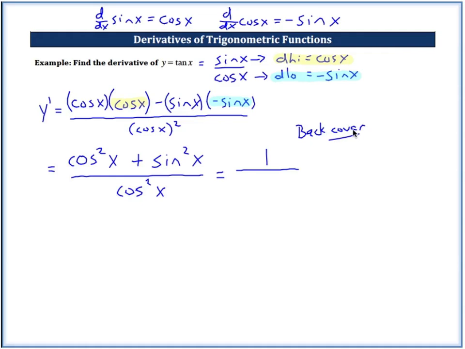It's got a lot of good stuff in there if you're ever dealing with simplifying trig functions here. And then this is going to be over cosine squared x. And if we wanted to write this, the reciprocal of cosine, remember, is secant. So this actually is secant squared x.